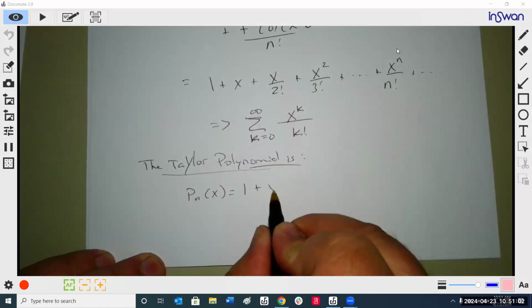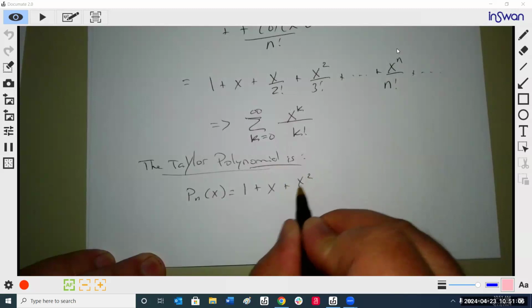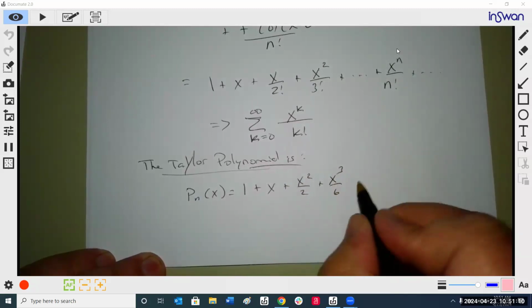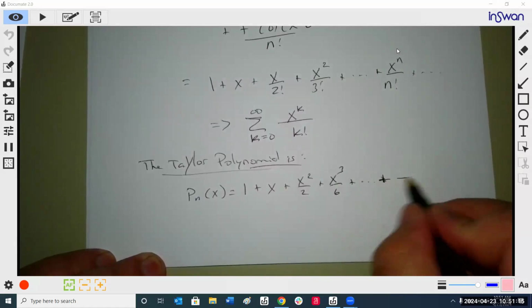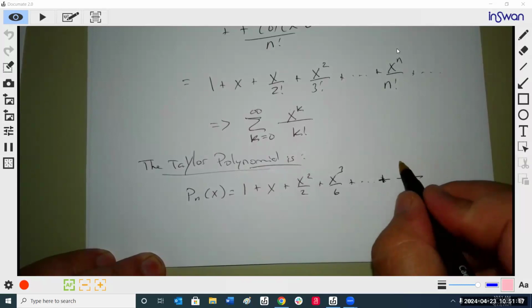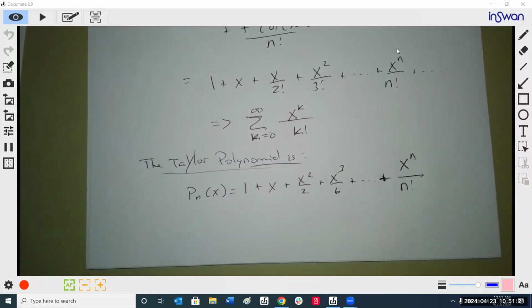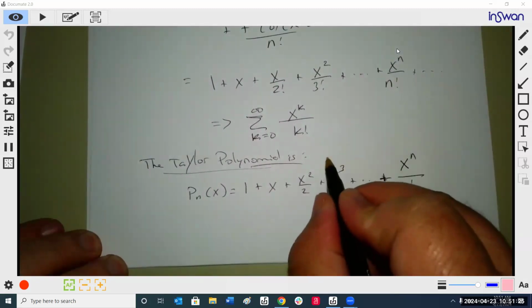Equals 1 plus x plus x squared over 2, x cubed over 6. The last one will be x to the power n over n factorial, because it's a polynomial of degree n or order n.